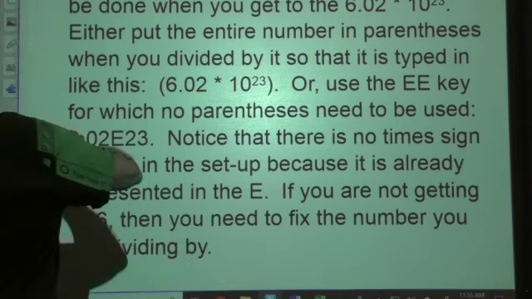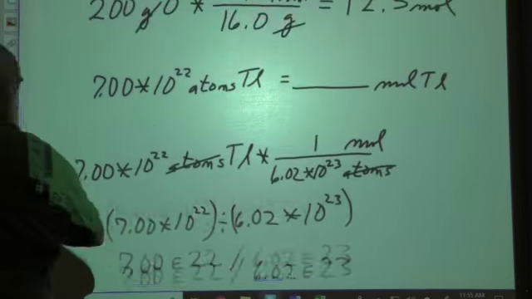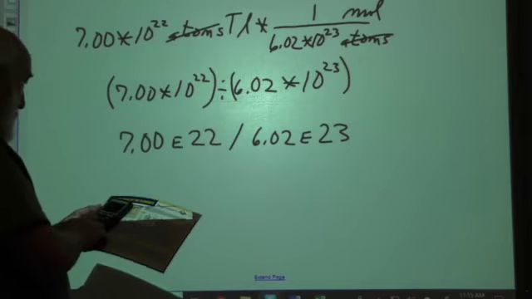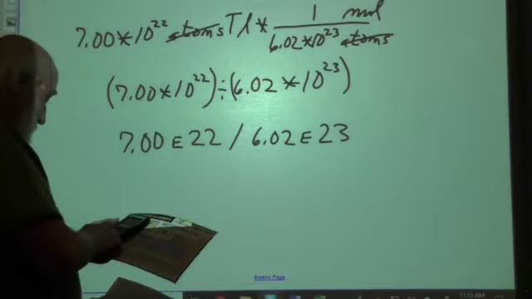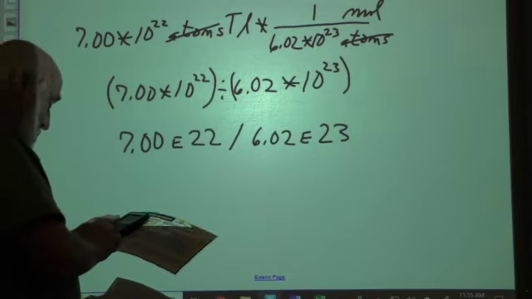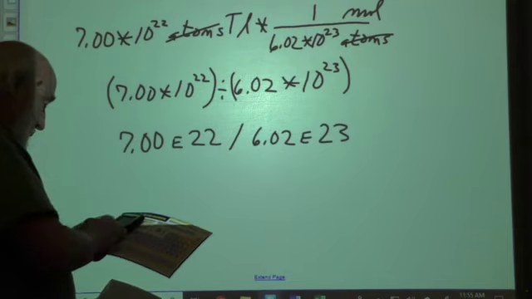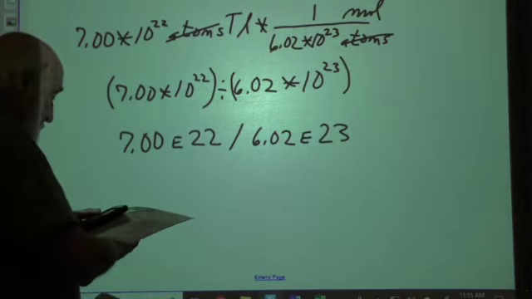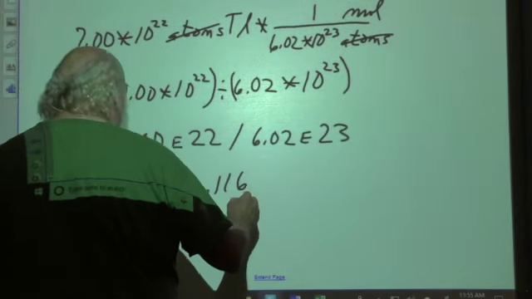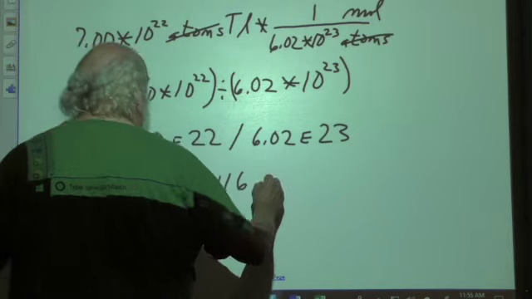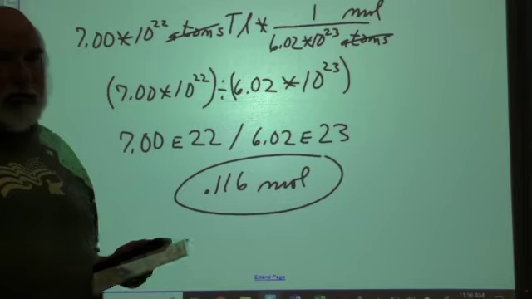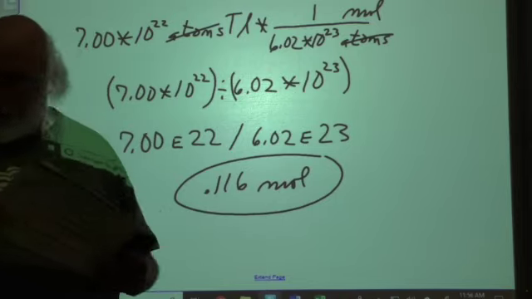But if we go ahead and do the calculation for that, this is going to be 7EE 22 divided by 6.02 second EE 23. We'll get 0.116, rounded off to 3 figures. And the label for this is moles. So 0.116 moles. Okay? All right.